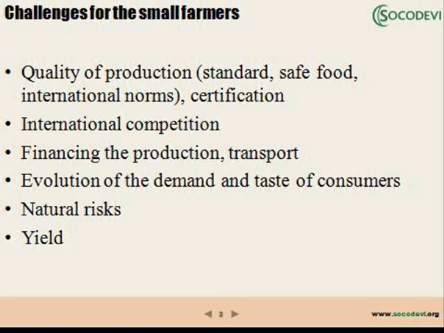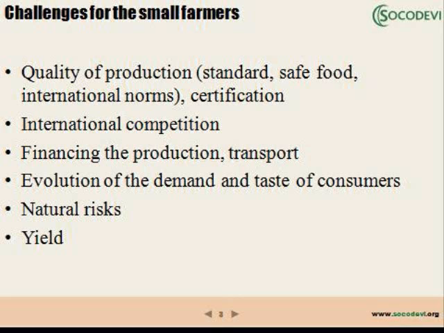One of these challenges is they often are producing with very low standards, and they don't always meet the requirements for international certification or international norms related to quality of their product or the safety of their product. Some small farmers use excess pesticide or other chemicals.